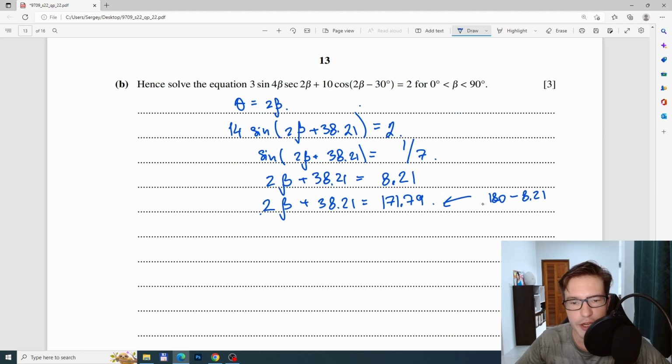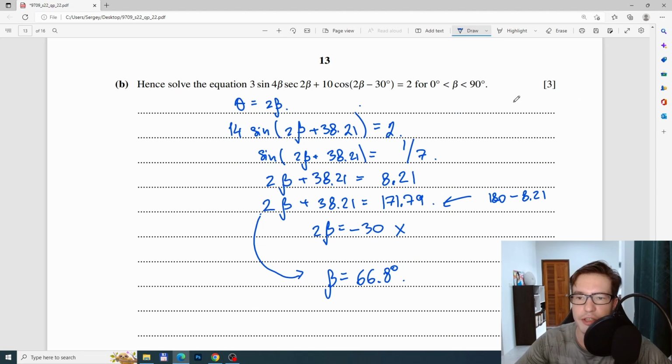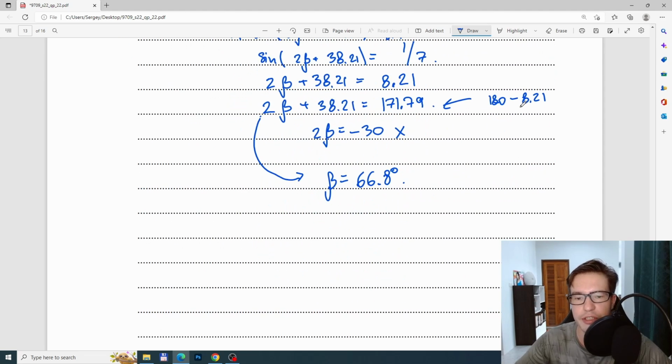Okay, now subtract 38.21 from both, and we'll get 2 beta equals to minus 30. And beta must be between 0 and 90, so that's not the case. And from the second equation, if I try to find beta, I will get beta equals to 66.8 degrees. And that's in a range from 0 to 90, so let's leave this as the answer.